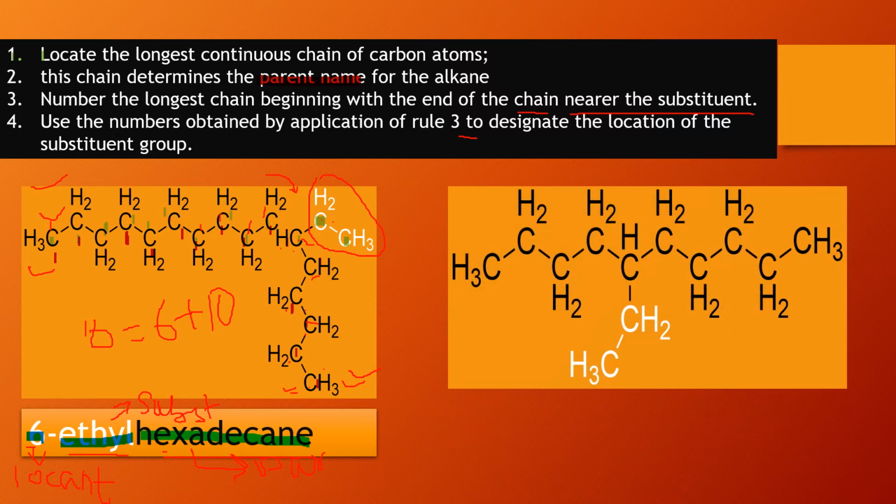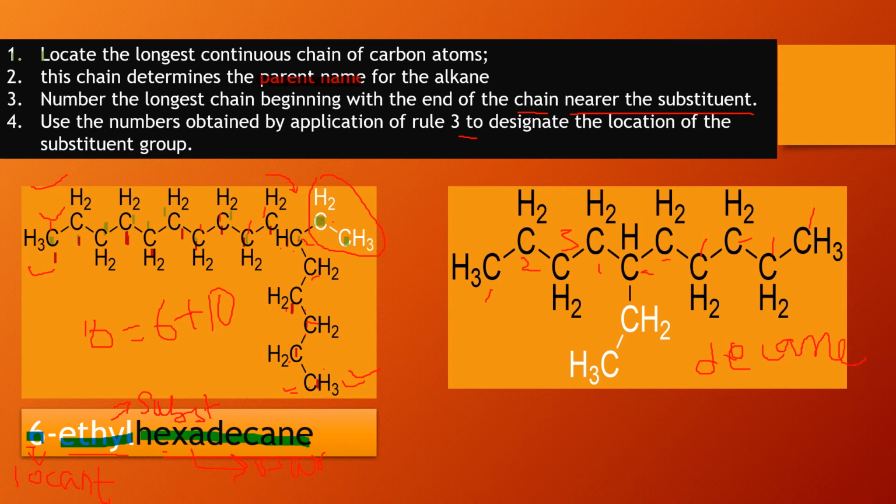There is another example, so let's count it. 1, 2, 3, 4, 5, 6, 7, 8, 9 and 10. So there are 10 carbons in the parent chain, which means that this is decane. What is meant by 10? 10 means decane.